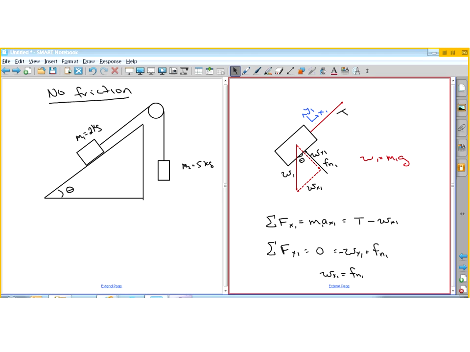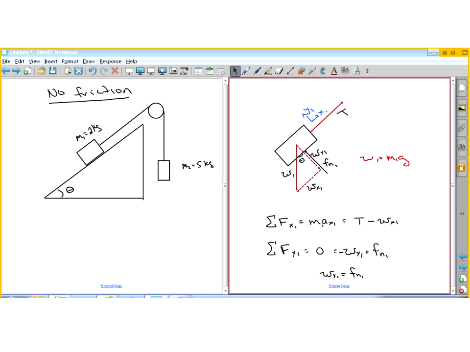Your tension is parallel to the surface. Your weight is going straight down, so you break that up into 2 components, one that's perpendicular, one that's parallel. The angle theta of the incline is this angle, so this is going to be W1 times the sine of theta, because it's the opposite side, and this is going to be W1 times the cosine of theta, because that's the adjacent side.